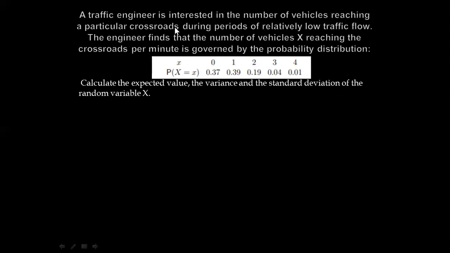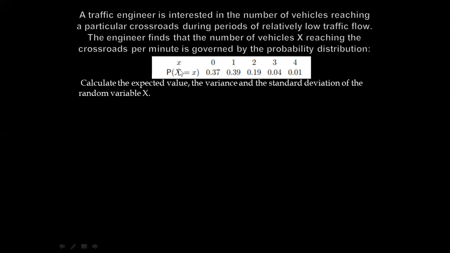Now let's proceed with the sixth example. A traffic engineer is interested in the number of vehicles reaching a particular crossroads. During periods of relatively low traffic flow, the engineer finds that the number of vehicles X reaching the crossroads per minute is governed by the probability distribution table.